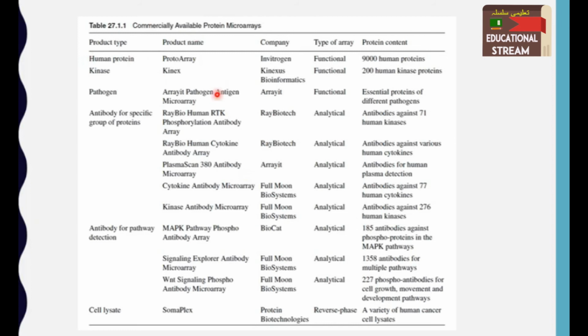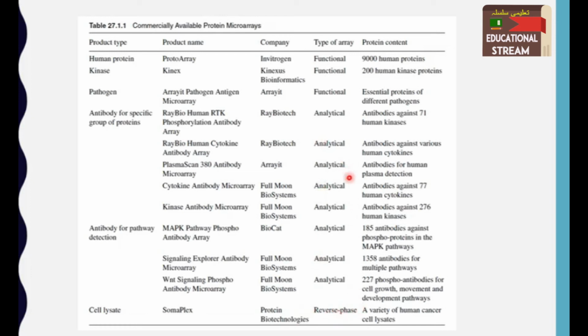This table shows all the commercially available protein microarrays, which are available in all three different formats, representing three types of protein microarrays. Some of the companies provide microarrays for functional protein microarray or analytical protein microarray, and some for reverse phase microarray.